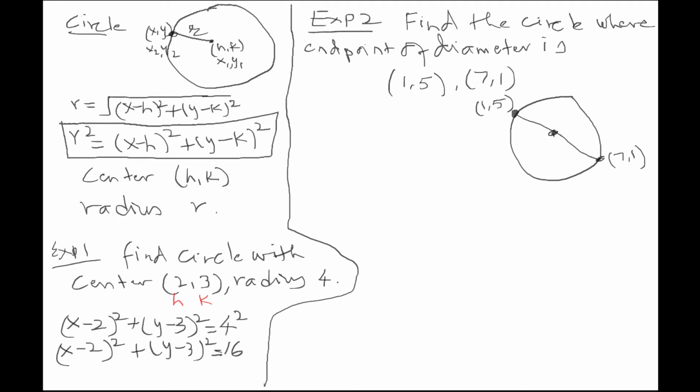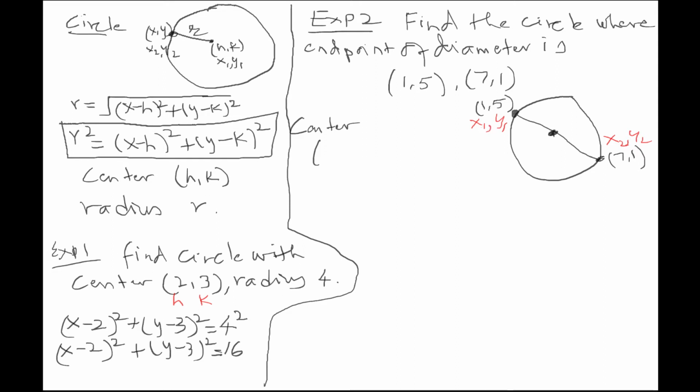How do I find the center? The center is the midpoint of the diameter, so use the midpoint formula, and then to find the radius, find the distance from the midpoint to one endpoint of the diameter. Let me take this as x1, y1 and this as x2, y2.